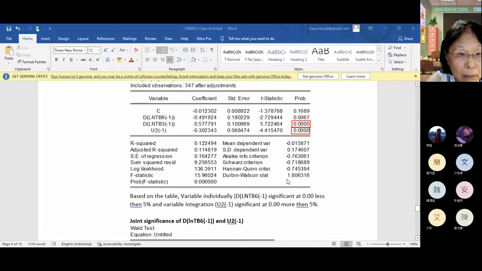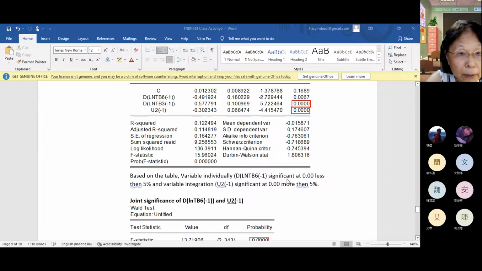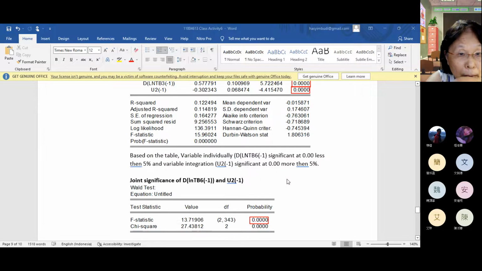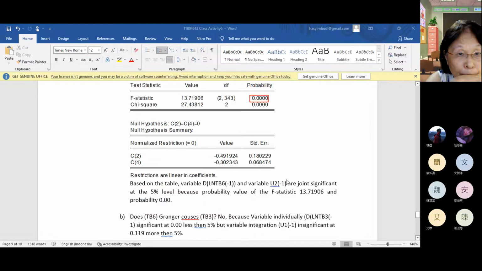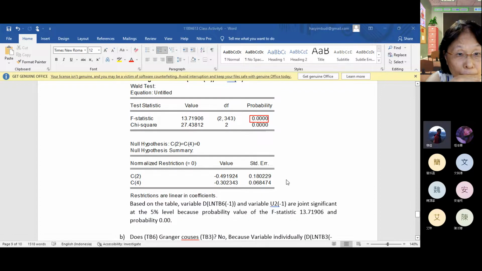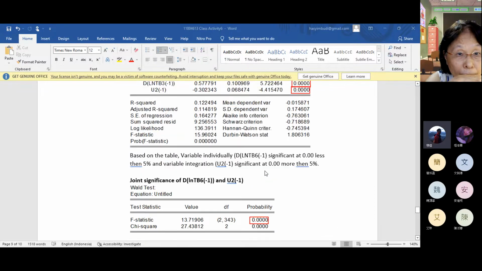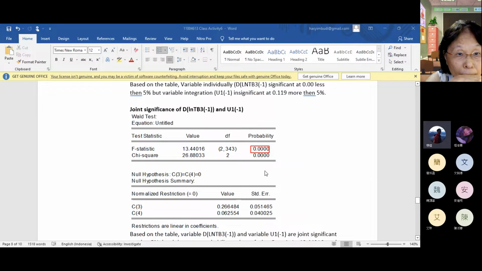This. Lower, a little bit lower. Okay, this is the F test. Okay. How about the second one? Let me see the second one. Lower. This is the second one, and this is the first one.